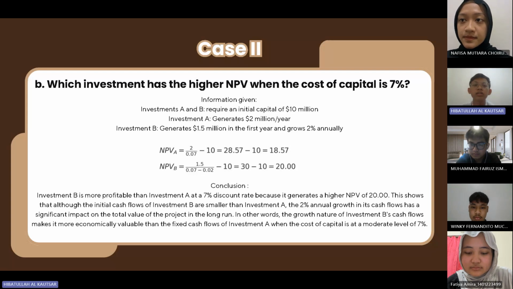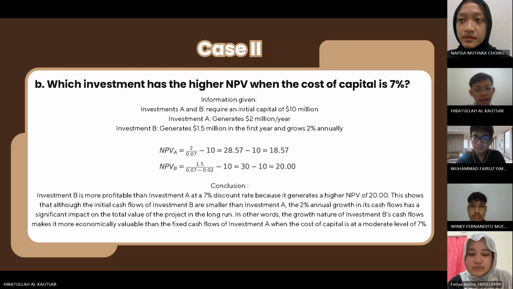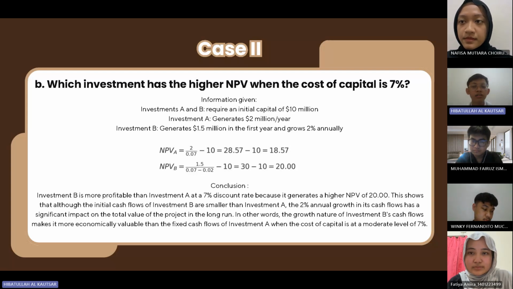And the conclusion is investment B is more profitable than investment A at a 7% discount rate because it generates a higher NPV of 20.0. This shows that although the initial cash flow of investment B is smaller than investment A, the 2% annual growth in its cash flow has a significant impact on the total value of the project in the long run.